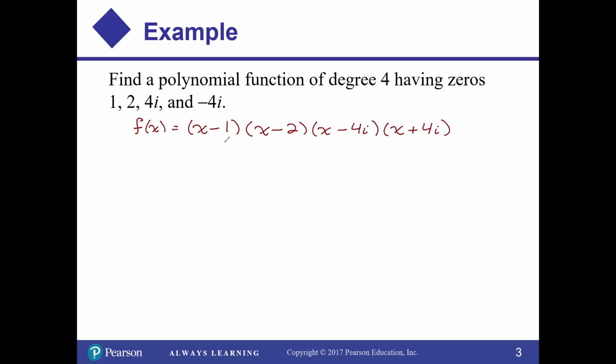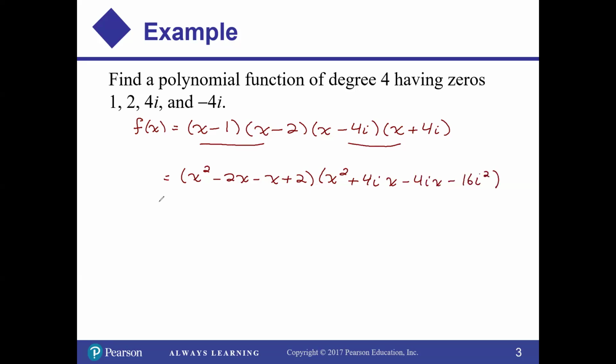Okay, by expanding, I'm going to FOIL these and then FOIL these. If I FOIL the first two, I'm going to have x squared minus 2x minus x plus 2. FOILing over here, I'm going to get x squared plus 4ix minus 4ix minus 16i squared.